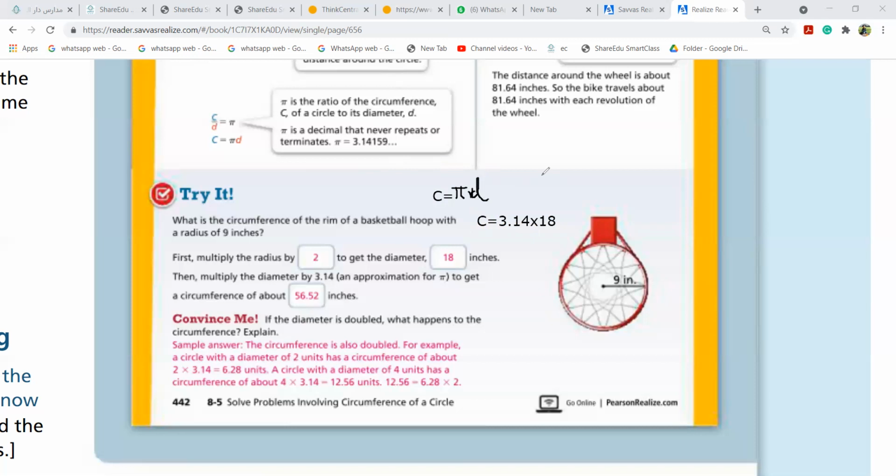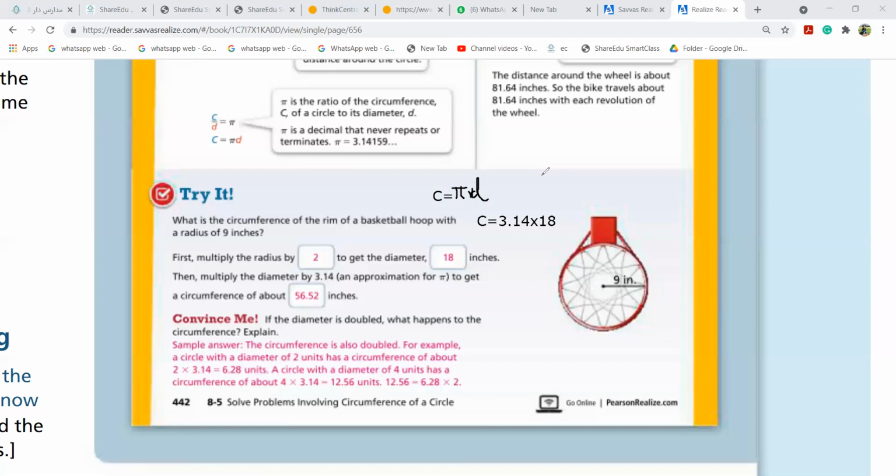Come on, tell me, girls, what is the answer? Tell me, what is the answer when you multiply 3.14 by 18?